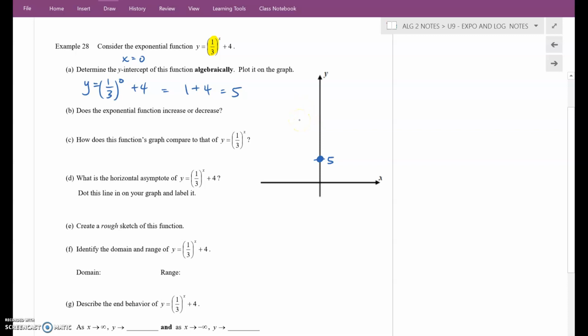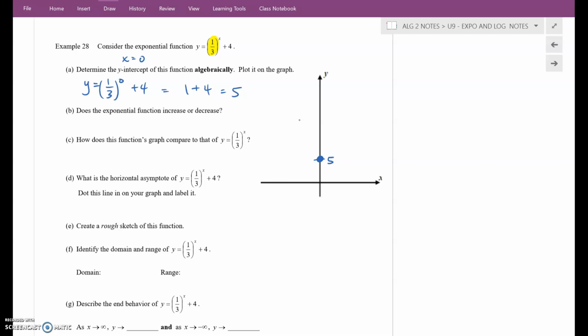Since this is a y-intercept, that's where it's going to intersect. But we also need to know where this asymptote is. And the question is, what are we going to get closer and closer to without ever touching? And the answer is 4. You can keep plugging in larger and larger values for x to test this out. What's going to happen is that 1/3, as we increase x, is going to get smaller and smaller. Think of raising it to the second power, third power, fourth power.